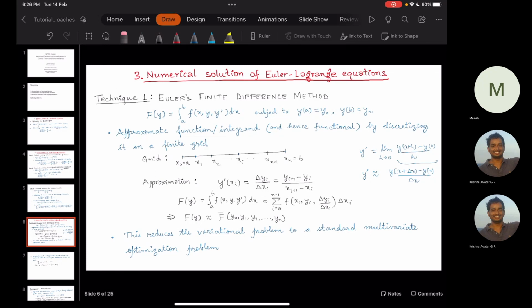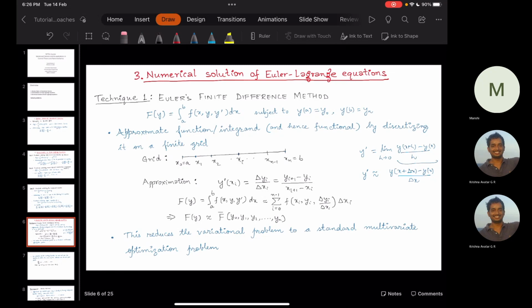So this gives us a function. The function of y has become a function in terms of y0, y1, y2 to yn. Mind you, y0, y1, y2 are the values of the extremal y at the grid points x0, x1, x2 till xn.